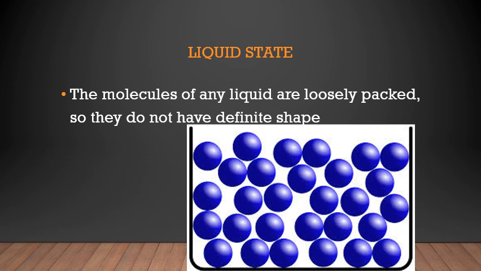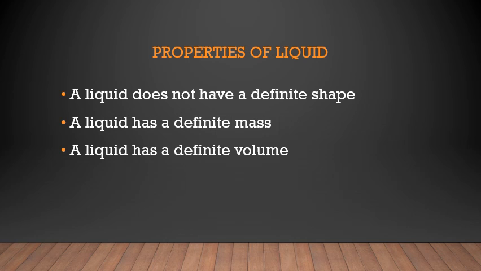So they will just flow away. If you pour water into a container, it takes the shape of that container, isn't it? That is why it is called a liquid. Let's take oil. Oil also, if you pour it in a different container, takes the shape of that container. That is about the liquid state.